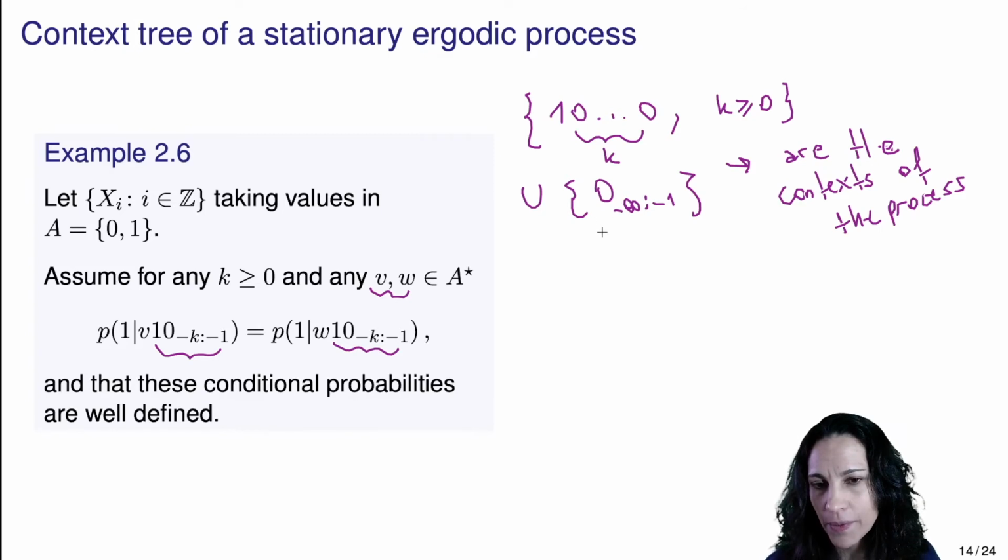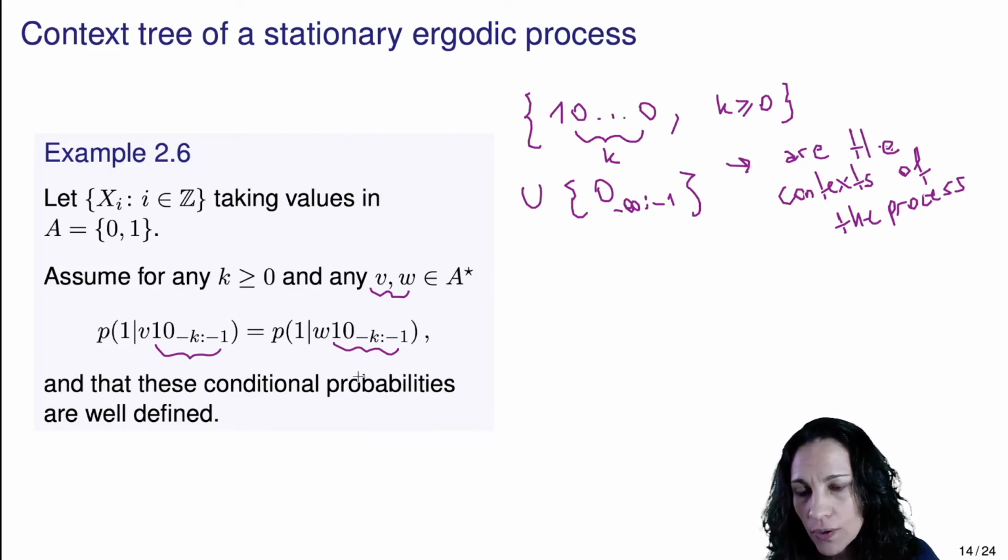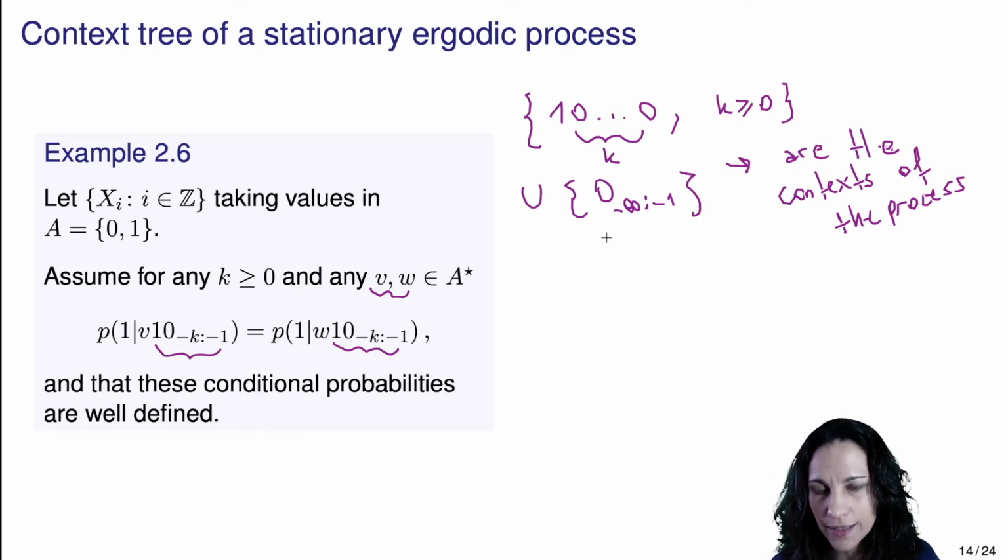Why is the semi-infinite sequence of zeros a context? Because if we assume that all the finite sequences in the process have positive probability, then any one of the finite suffixes of this sequence is not a context, because we always need to see a 1 in order to predict the next symbol.